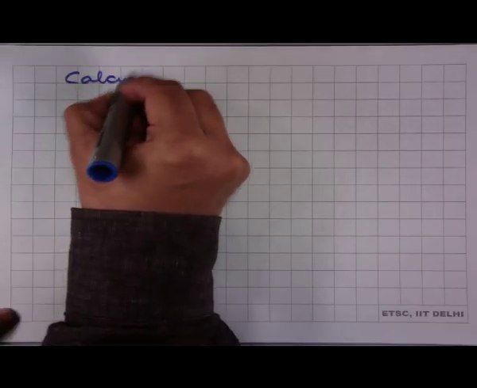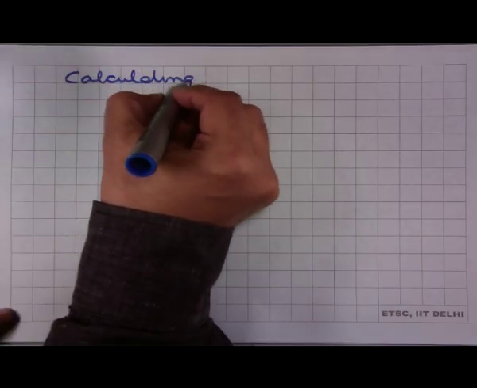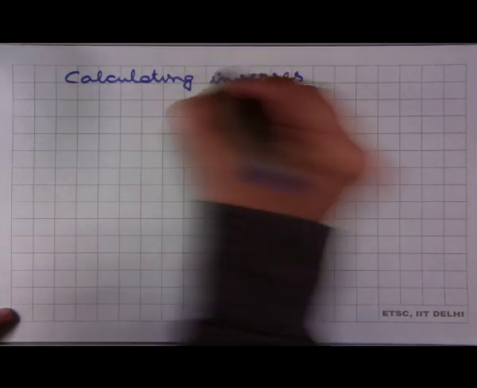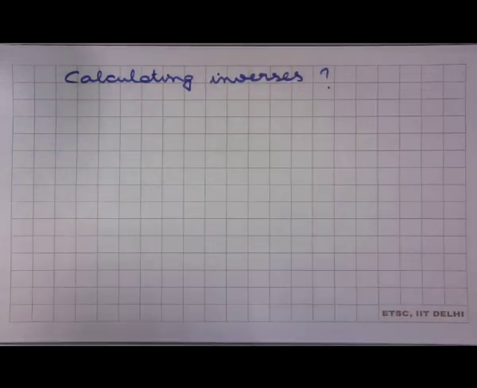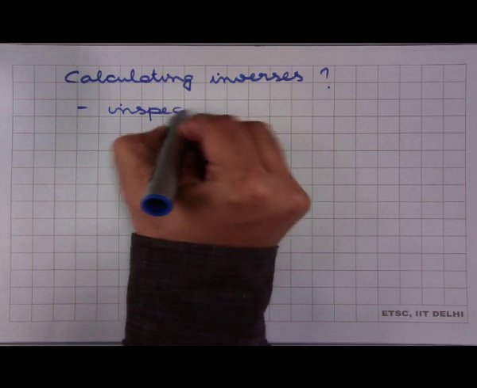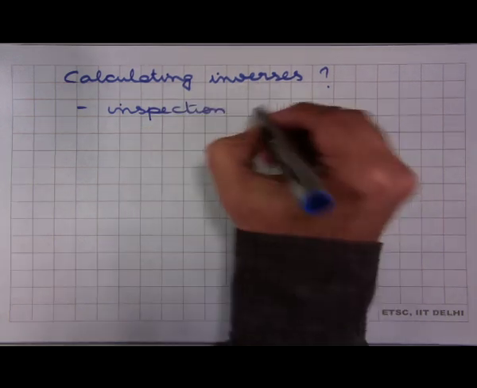So, calculating inverses, right. What are the ways? The ones that we have seen is by inspection, and that happens in some cases. So, by inspection, for example, for some cases.